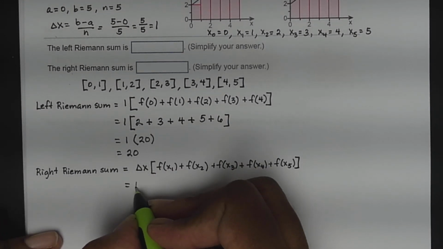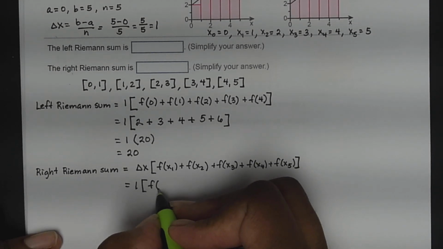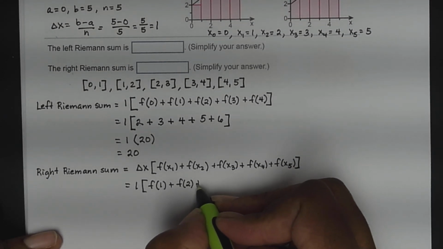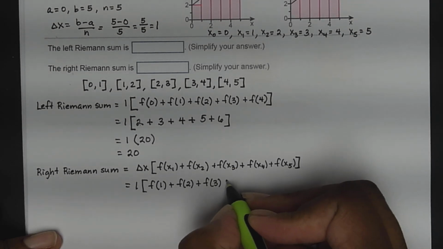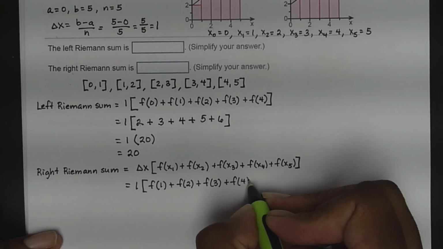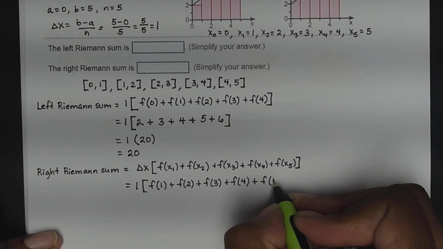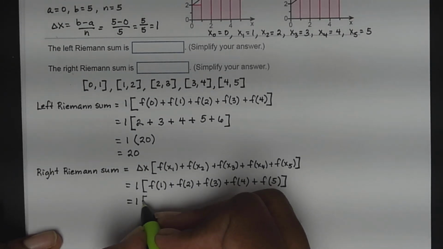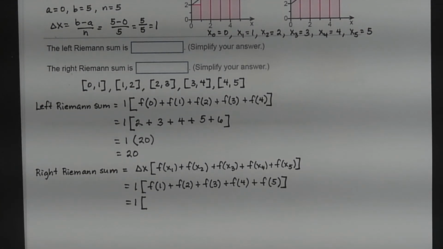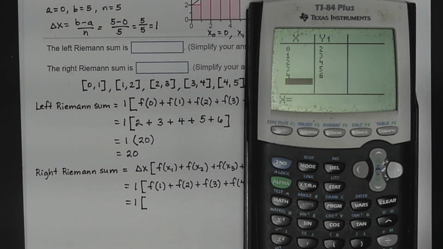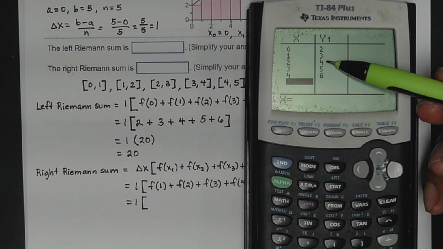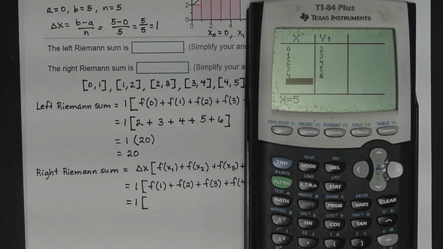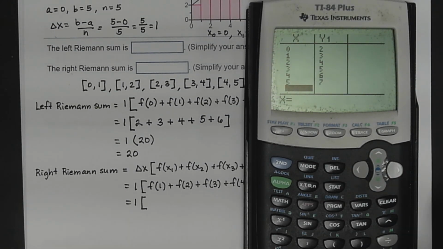And my delta x is still going to be 1, so it'll be 1 times f of 1 plus f of 2 plus f of 3 plus f of 4 plus f of 5. So it'll be 1 times, and I've already got what f of 1 is, f of 2, and f of 3, and f of 4. Let's find out what f of 5 is by typing in 5 for x. That would give us 7.